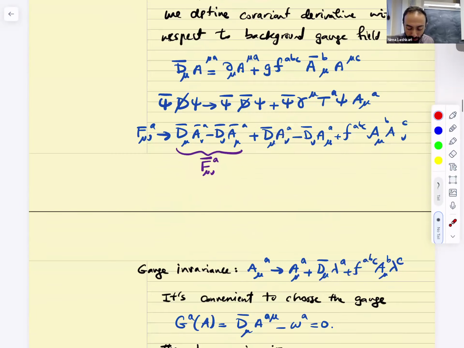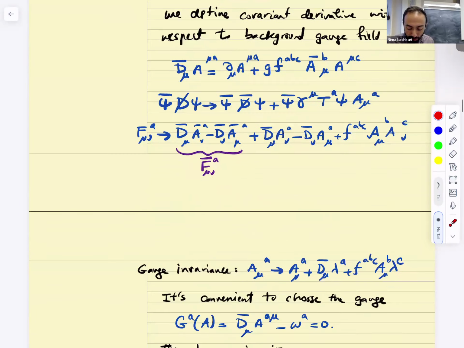The standard F mu nu squared term will give you the background curvature term. These will be the background covariant derivatives acting on the fluctuating fields, and then f^{ABC}, of course, will appear for fluctuating fields.